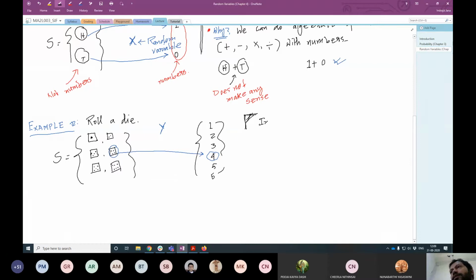So inputs of the function of the random variable, which is a function, are some random elements of the sample space.